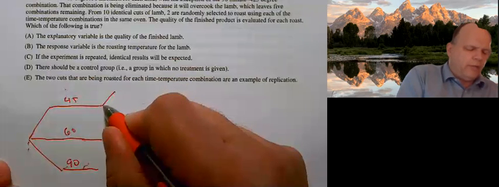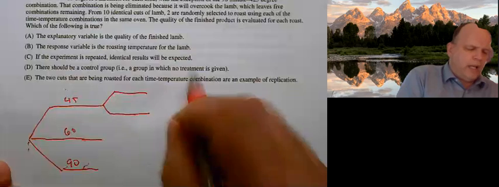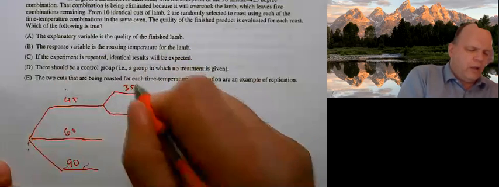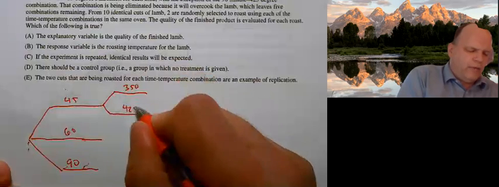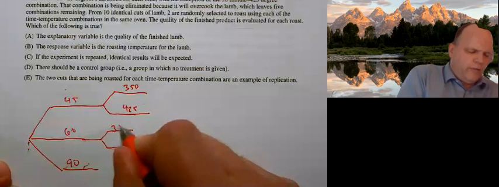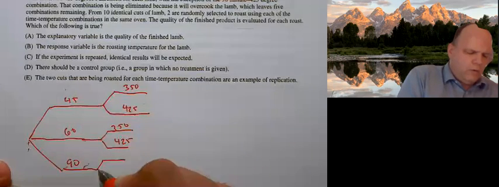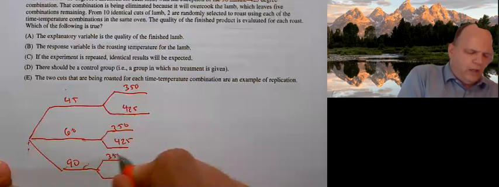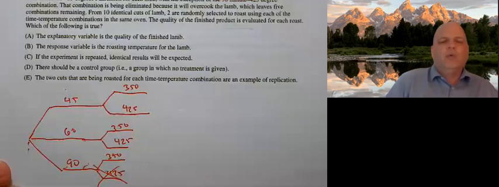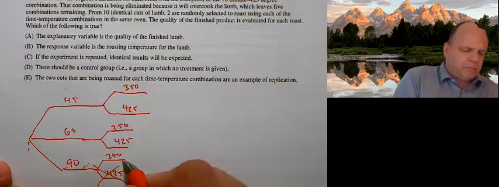But then it splits off, and I have a time temperature combination of 350 and 425, 350 and 425, 350 and 425. And you're like, oh, no, we don't have that one. We said we weren't going to do the 425 because that overcooks it.